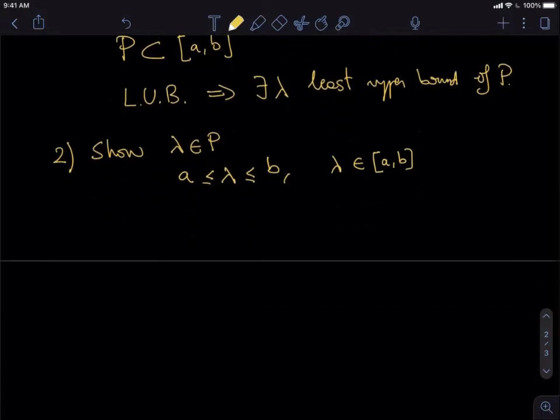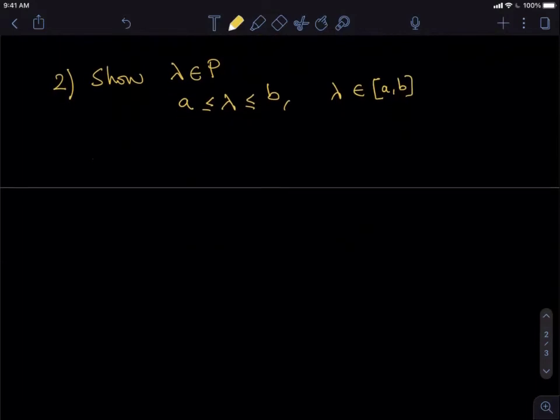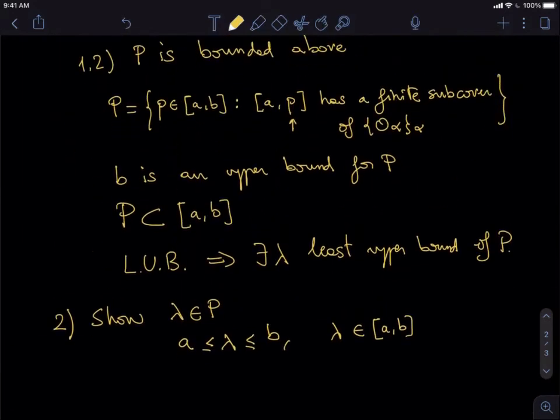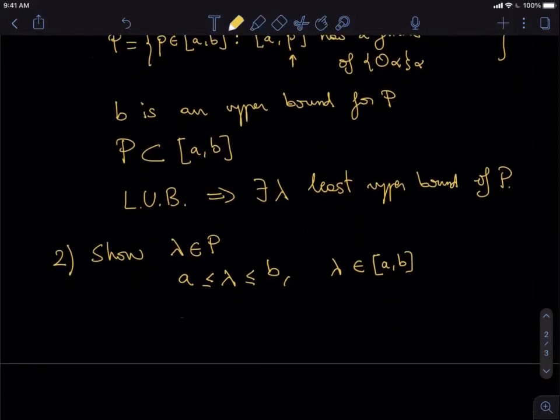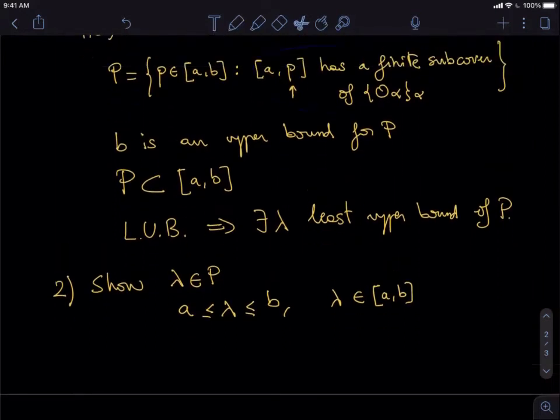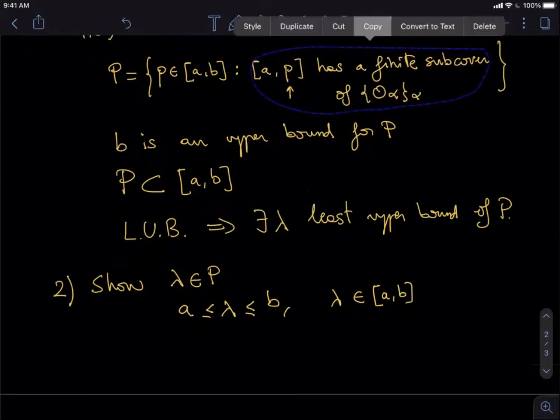So let's do first things first. Let's show that lambda belongs to P. How do we do that? So again, looking at the definition, we need to show that the set, the interval A lambda has a finite subcover of the original open cover. So let's copy this.